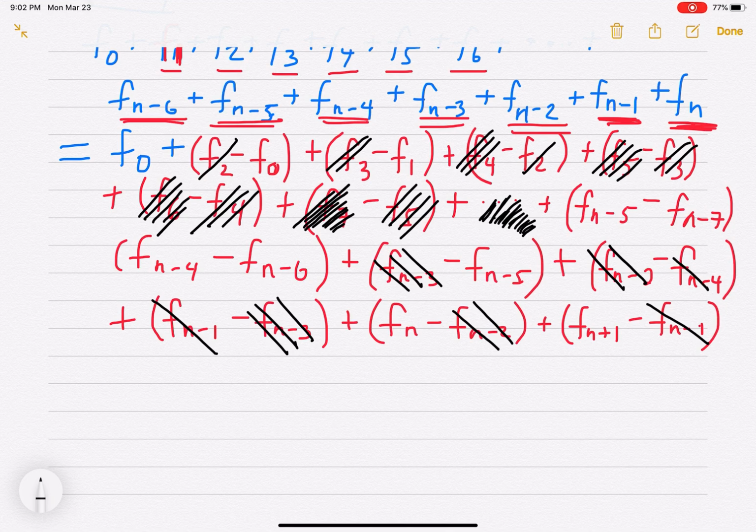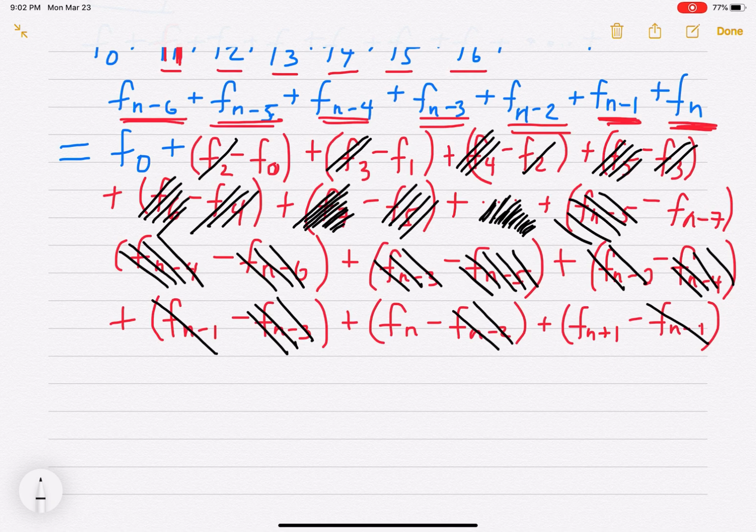A minus f sub n minus 4 canceling with the plus f sub n minus 4. A minus f sub n minus 5 canceling with the plus f sub n minus 5. A minus f sub n minus 6 canceling with the plus f sub n minus 6, which we can't see, but it's somewhere in the middle where the dot, dot, dot is. And a minus f sub n minus 7 canceling with a positive f sub n minus 7, somewhere in the middle where the dot, dot, dot is.